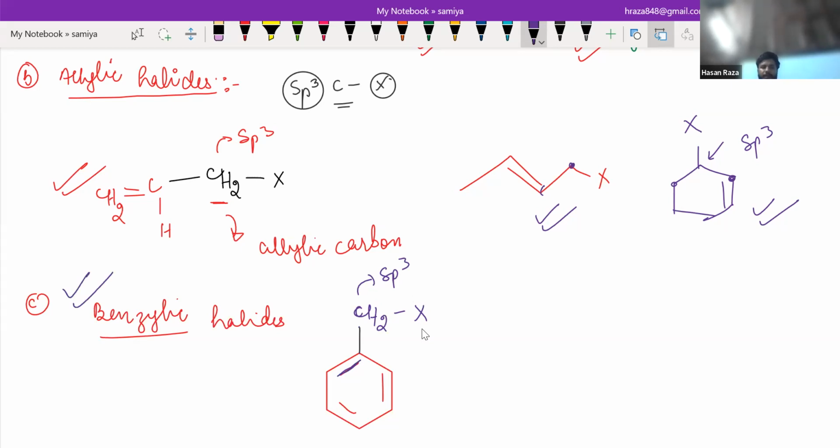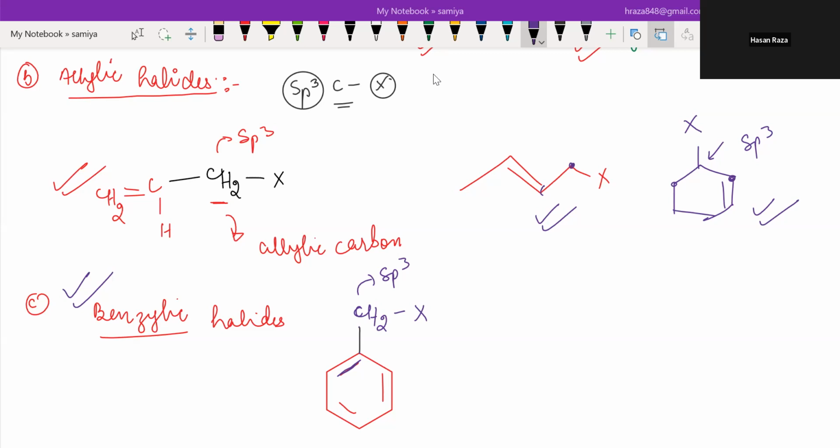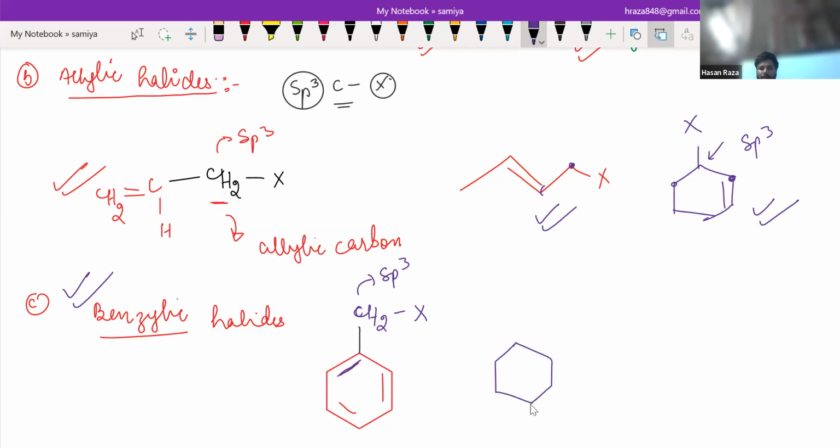Can anyone tell me the degree of this halogen? And the degree of each halogen.